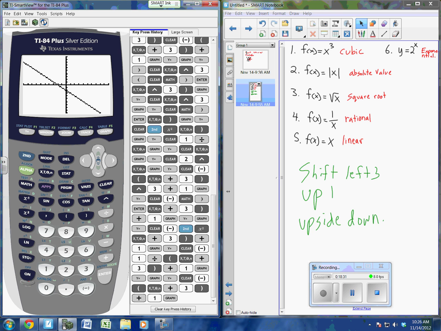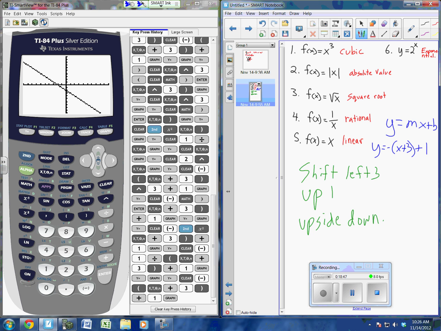I want to show you this. Slope-intercept form looks like this. Y equals mx plus b, right? Sometimes it's easier to put it in like that. If I took that function I just put in, y equals negative x plus 3 plus 1, and I distribute the negative through, I get y equals negative x minus 3 plus 1, and I add like terms, y equals negative x minus 2.